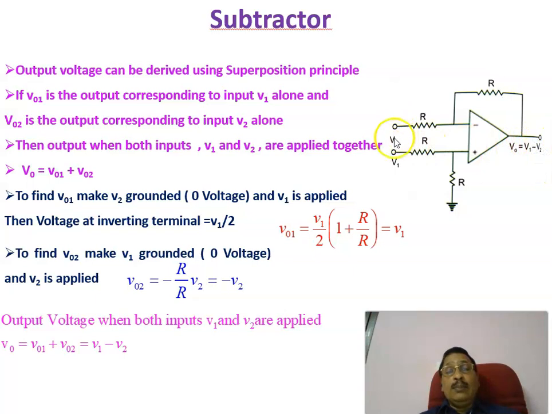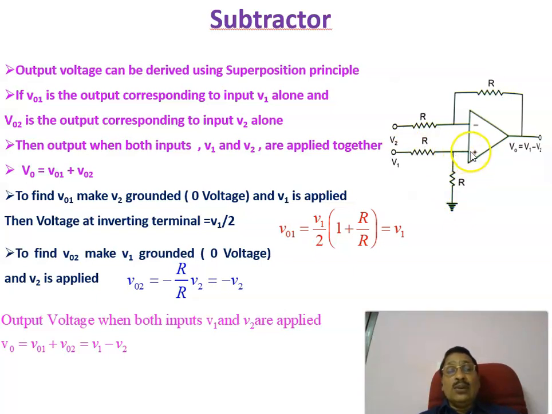Now to find V01, first we apply the voltage V1 and V2 is grounded. When we apply V1 here, the voltage at the non-inverting terminal is V1 divided by R plus R into R, which is nothing but V1 by 2.